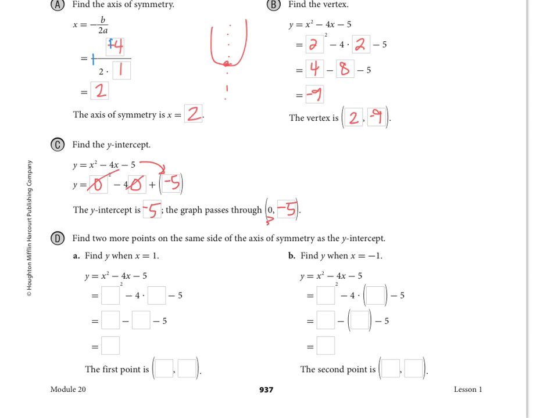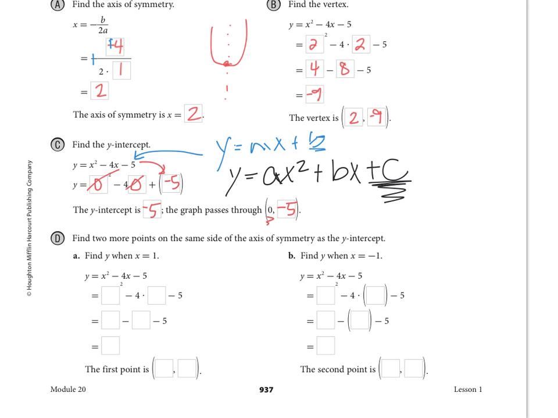What that means is whatever the value of c is, that is our y-intercept. Think of that in context of a linear, y equals mx plus b. Whatever my constant is, that is my y-intercept. Well, the same is true here with the quadratic: y equals ax squared plus bx plus c. Whatever my constant is, that is my y-intercept.